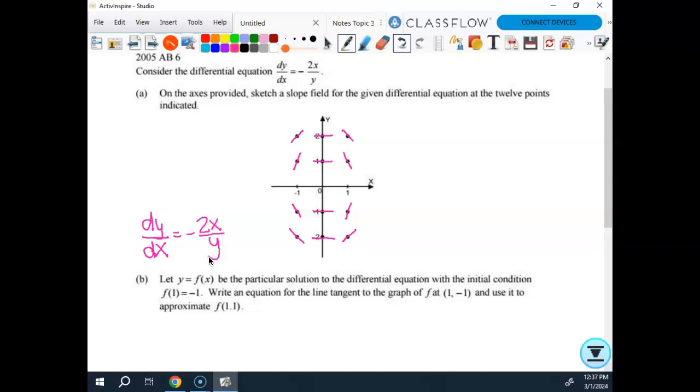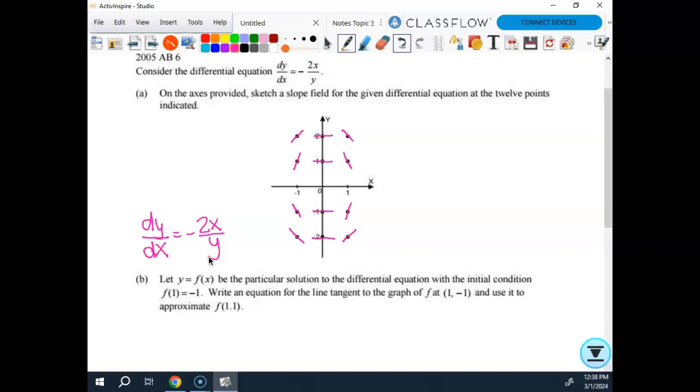Undefined, so we don't write anything. There would be an asymptote on the x-axis since it's undefined. Or this, yeah. All right.